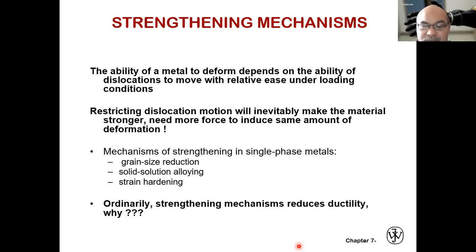The second method to strengthen material is by solid solution alloying, by introducing impurities into the material. How come it becomes stronger? As we have learned in the previous session, dislocation motion can occur when there is this Burgers stress field that tries to move whenever we apply load.